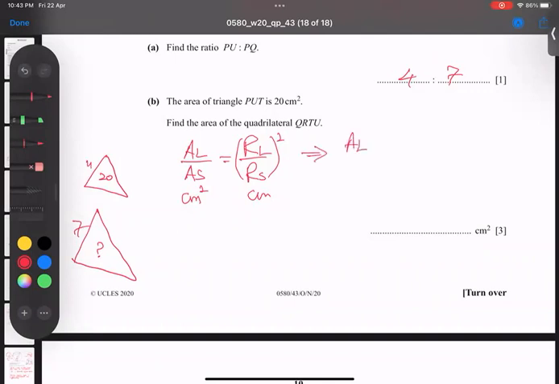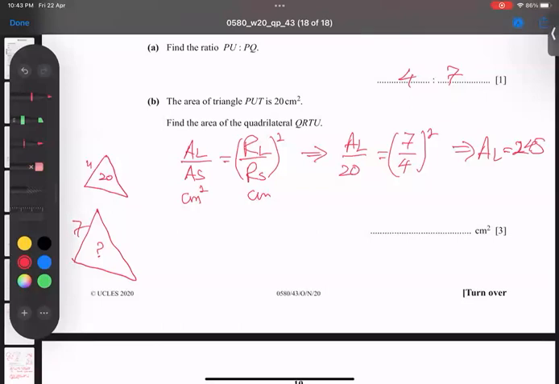Area of the large is unknown, area of the small is 20, and the ratio of the large is 7 and the small is 4, and take the square. When I do the calculation, 49 divided by 4 times 220, and I got 245. So the large area is 245. Okay, and what is it asking for?